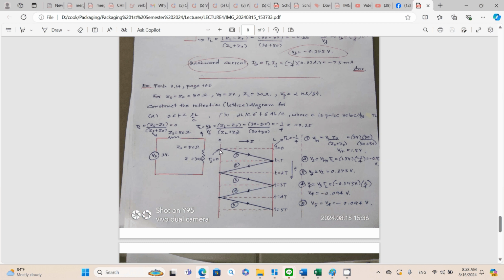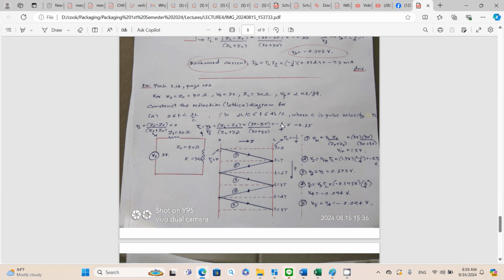Now let's take a look. When you send a signal through the transmission line, at the time t0, your signal will go along the transmission line, and let's take the time T. Okay, and then that signal will reflect back, because you have a reflection coefficient that's not equal to 0.